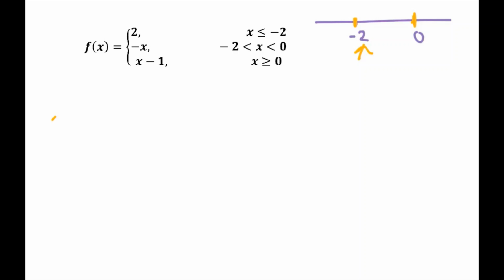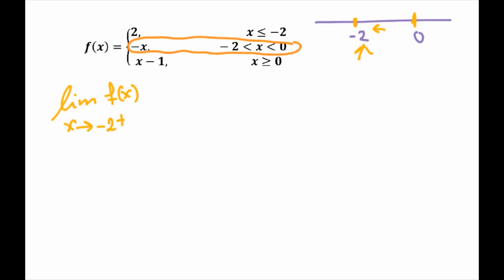So let's start to study the limit of the function as x approaches -2 from the right side. Well, from the right side, we're using this function between -2 and 0. So it's going to be the limit of -x as x approaches -2 from the right side.